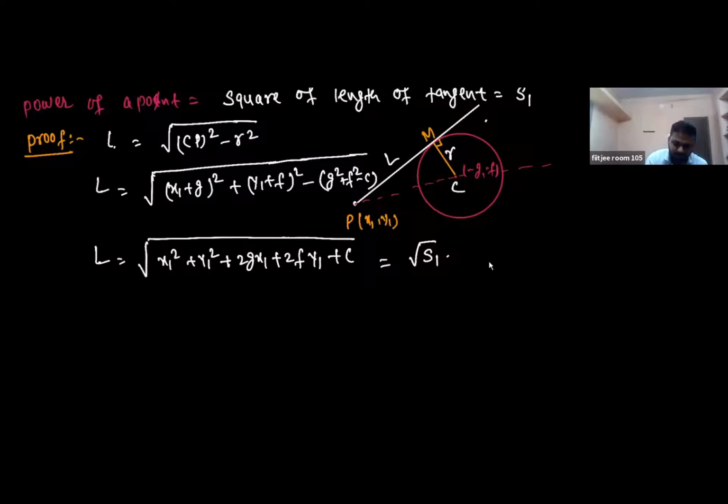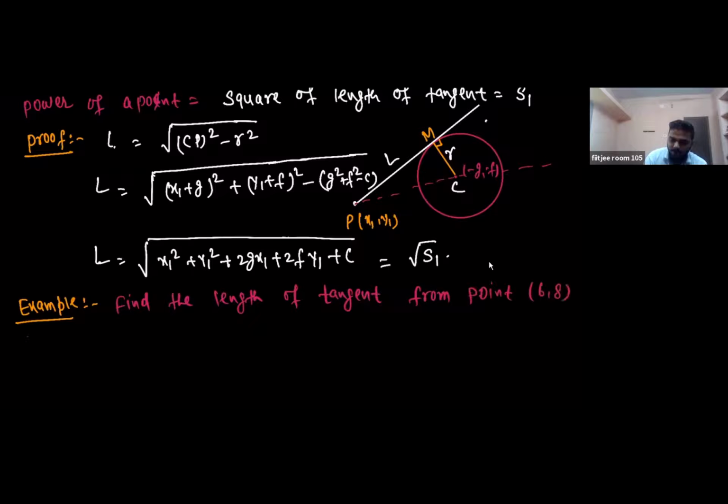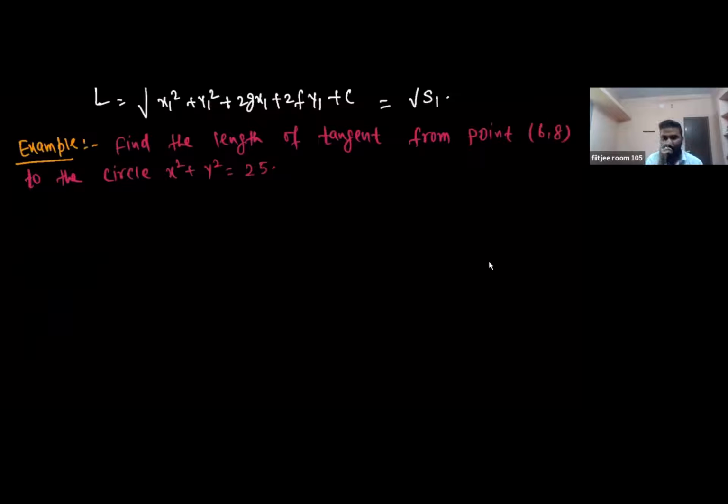Write down the example. Correct, na? Find the length of tangent from point 6, 8 to the circle x square plus y square equal to 25.